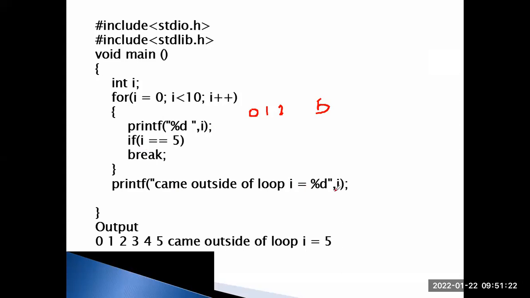The break stops the operation, and the next iteration will not go. Based on this condition, the loop will not continue further. Okay, that is the use of the break in the loop.